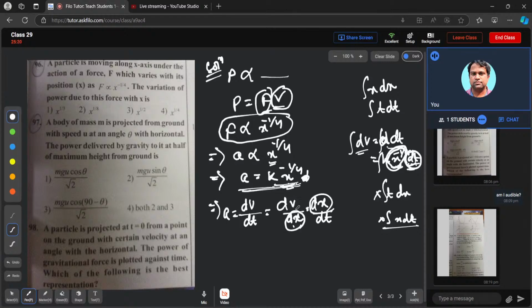Because I have to go to x form, I change to dv by dx and dx by dt. The dx cancels out, in that way we can think dx by dx. So dv by dt is dv by dt, right? Now it will help us.